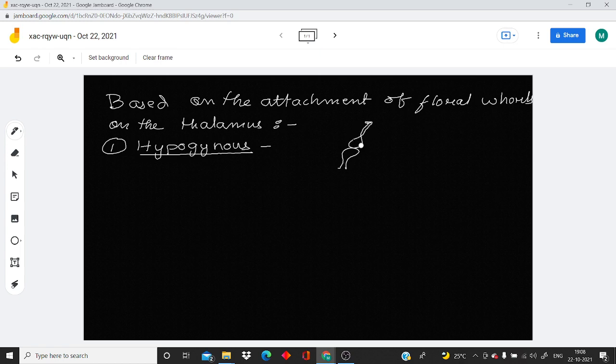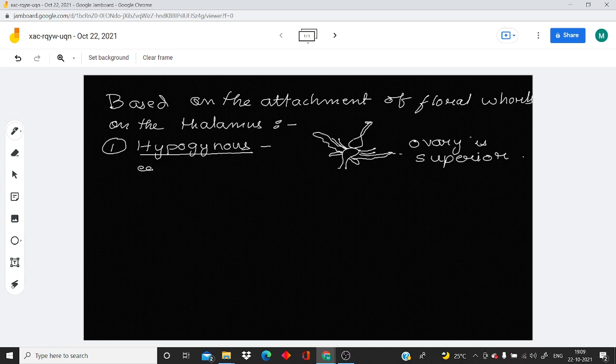All the other whorls, the sepal, petal, stamen, their position will be below the ovary. So the ovary is superior.